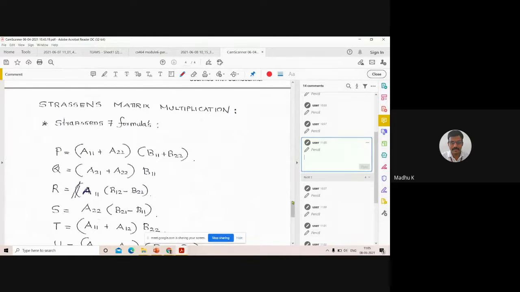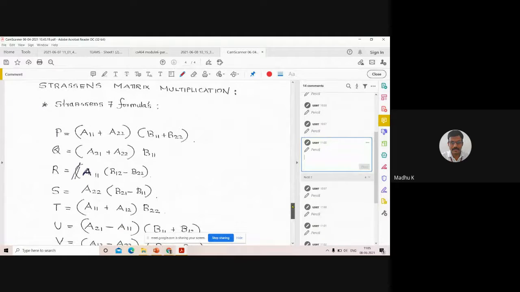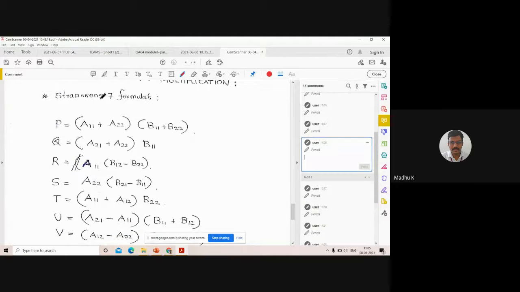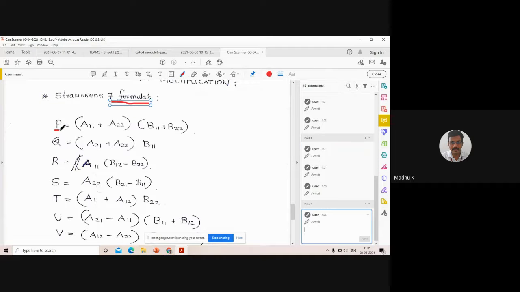There are 7 equations, 7 formulas. Strassen's 7 formulas. So what is P? P is equal to (A11 plus A22) into (B11 plus B22). What is A11? A11 is a submatrix.